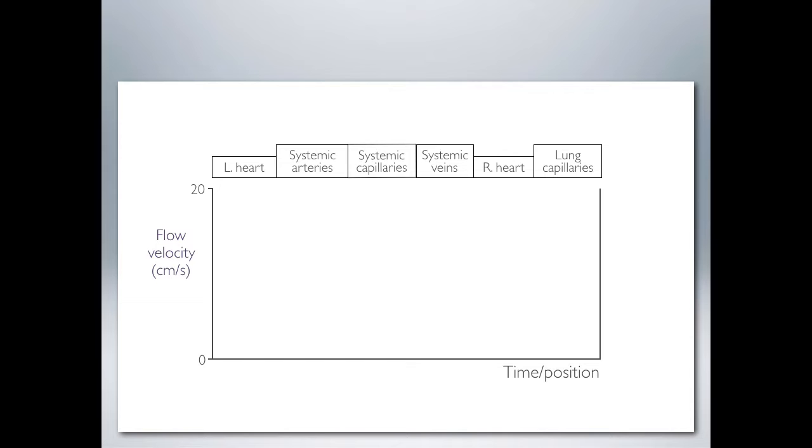And this graph is a little weird because it gets weird when we talk about pressure. Here it's not so bad, but what we're looking at is in these different regions what the average flow velocity would look like. As you might expect, as blood passes through the left ventricle in the left heart, it has a pretty high velocity, and then it slows down at the capillaries.